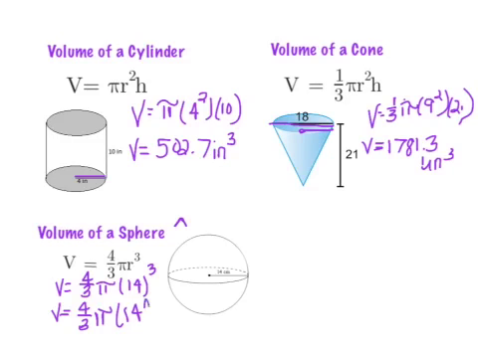That means we're raising it to a power, and then you're going to hit 3 for raise it to the 3rd power. And I get 11,494.0 centimeters cubed.